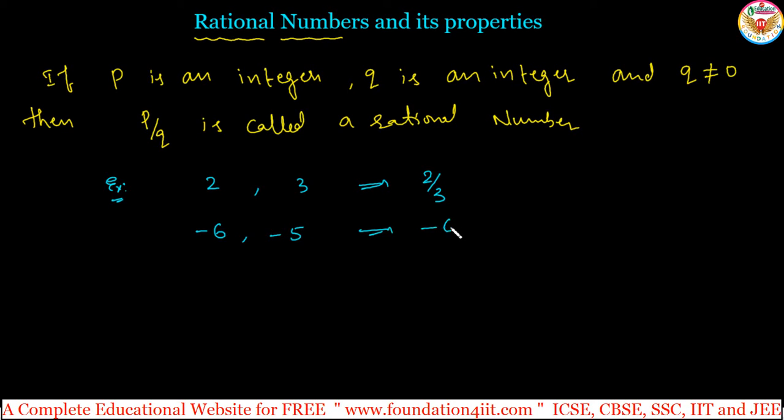So minus 6 divided by minus 5 is also a rational number. Say minus 6 by minus 5 is a rational number. Just observe these two numbers: the numerator and denominator must be integers, and the denominator is non-zero, any number other than 0. So this is the thing.